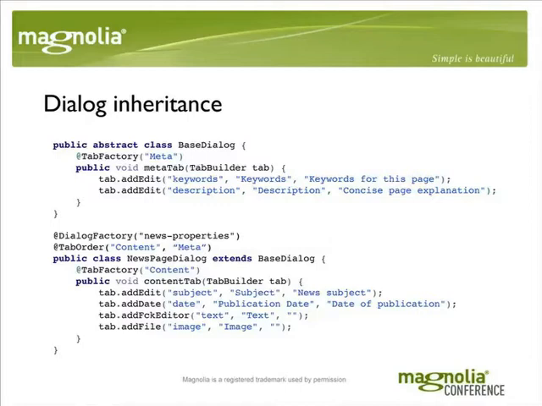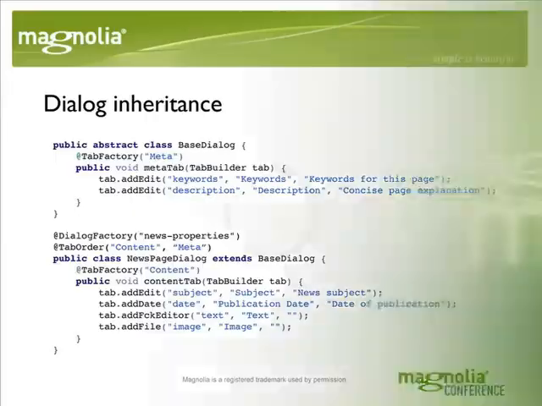And since these are Java classes, you can use inheritance. So you can create a base class. In this case, there's an abstract base class called base dialog that has the meta tab. And then you can inherit from it, and the meta tab will be inherited, of course. Another example where you might want to use this is in case where you have a number of banners, and all of them should have common properties for their dialogs.